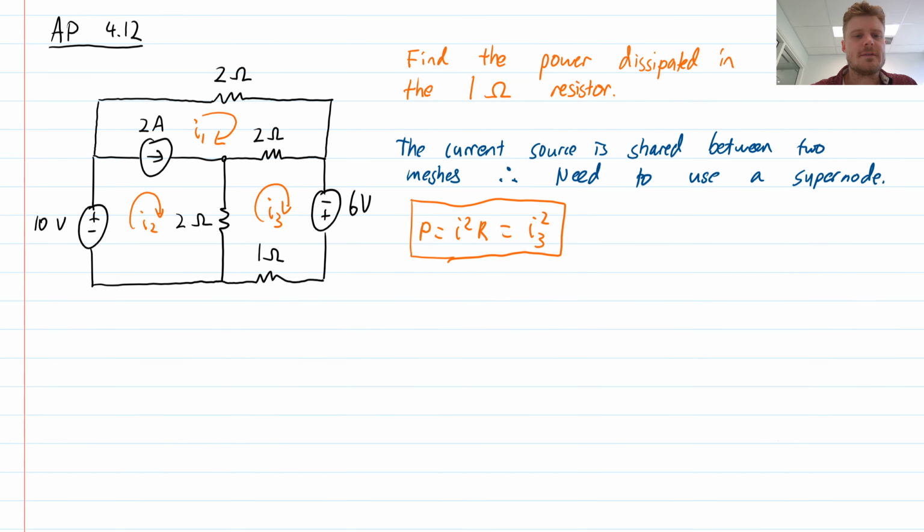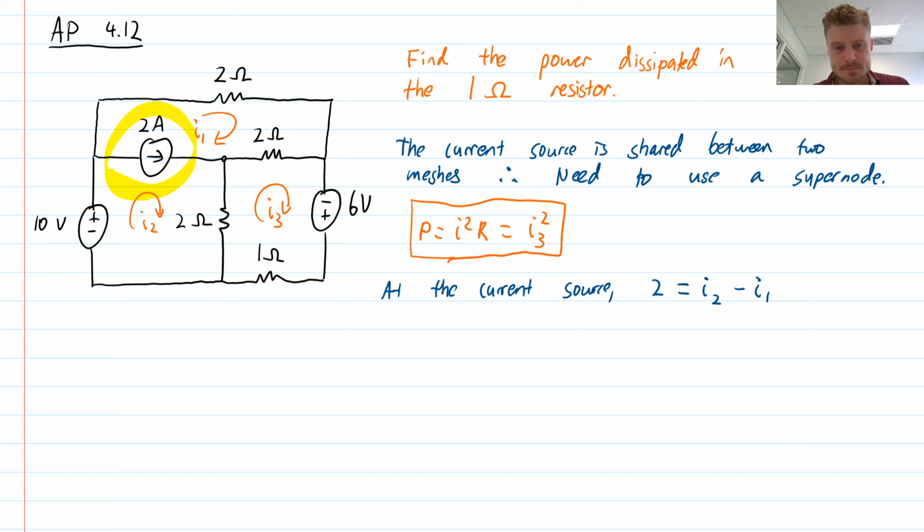So looking first at the internal structure of this supermesh and looking at this current source over here, I can see that at the current source, what I have is 2 amps is flowing, and that is equal to mesh current I2 minus mesh current I1.